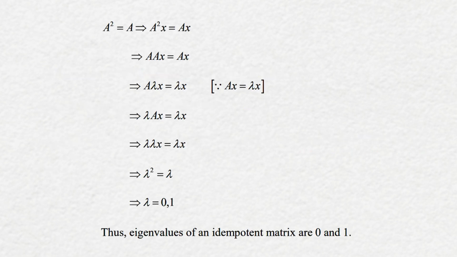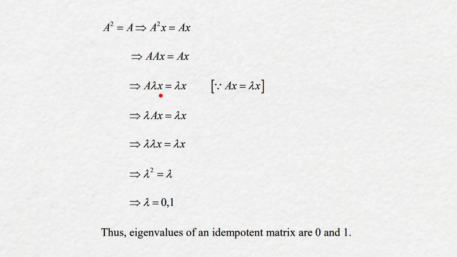Now, A square equal to A, because A is an idempotent matrix. So, we can post multiply both sides by x, that is A square x equal to Ax. Now, A square x can be written as A(Ax) equal to Ax.